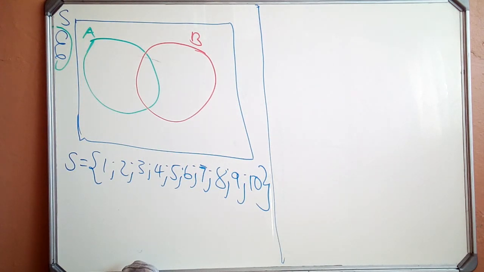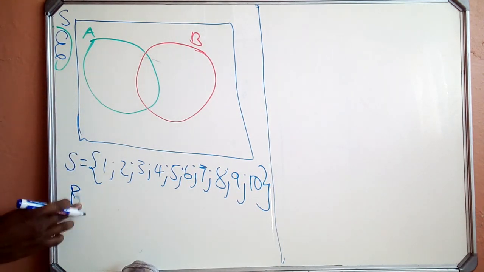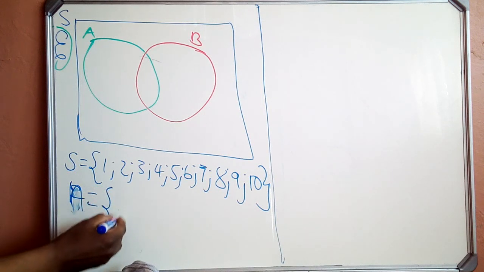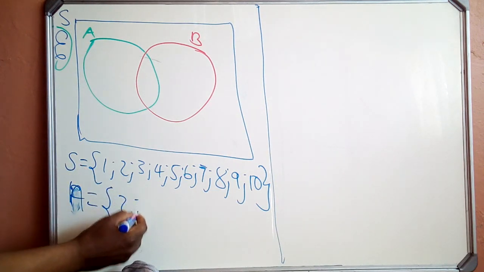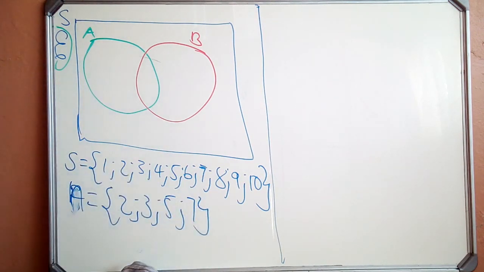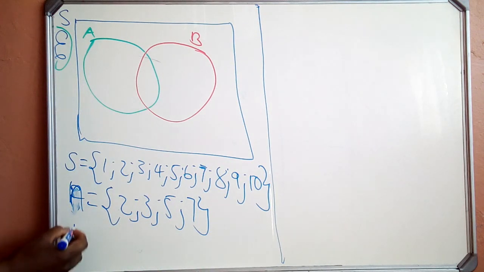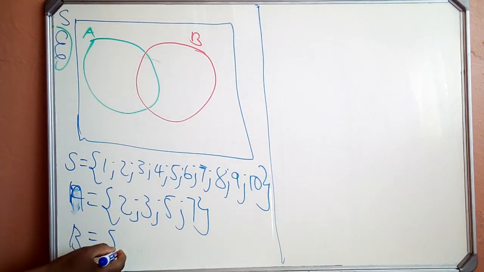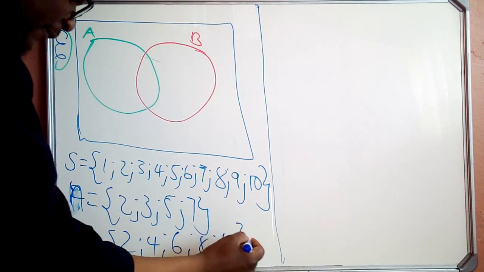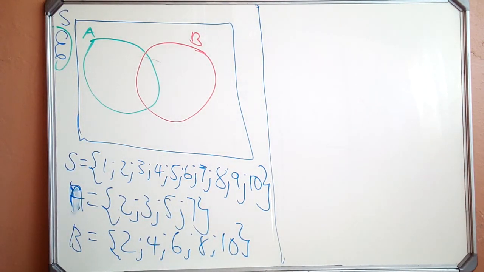To decide what goes into A and B: A is the prime numbers, 2, 3, 5, and 7. B is made up of the even numbers 2, 4, 6, 8, and 10.